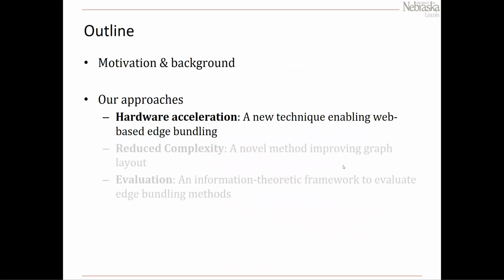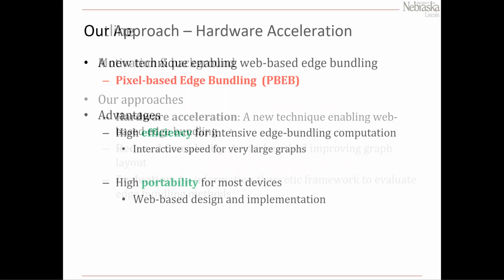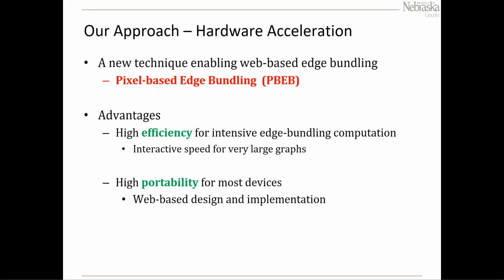To address this performance bottleneck, we propose a set of technologies. The first one I would like to briefly introduce is using hardware acceleration to enable web-based graph edge bundling. In this work, we propose a new technology called pixel-based edge bundling.